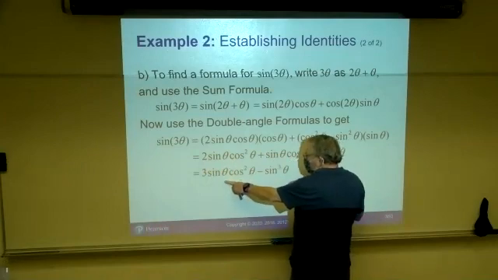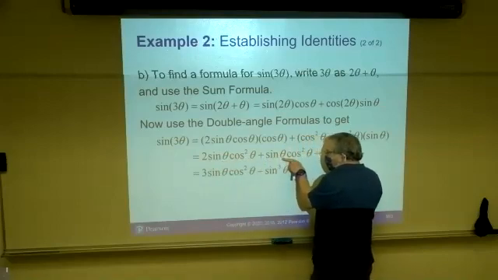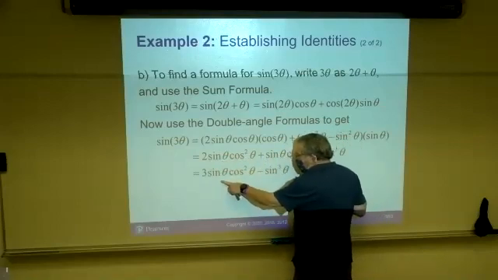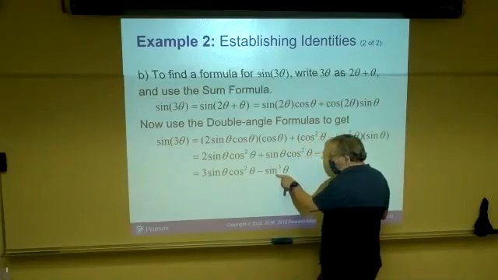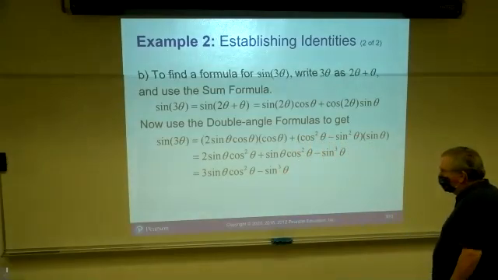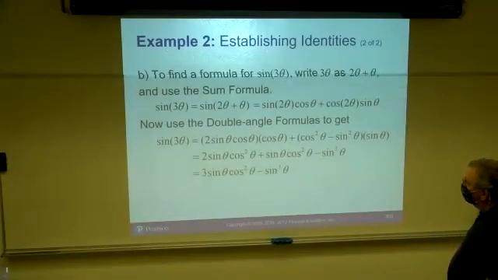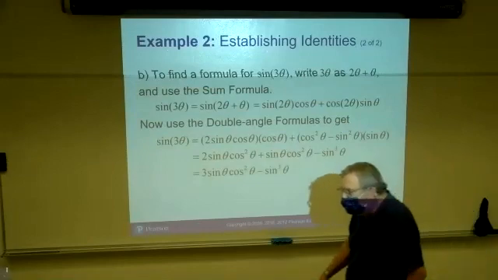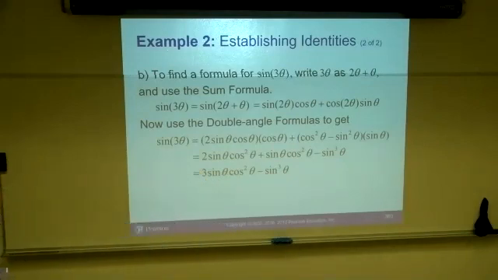So we can write it this way, 3 times, because here I have 2 of them, and here I have 1 of them, so I get 3 sine theta cosine squared theta minus sine cubed theta. So there we have a formula for triple angles, which is not considered a basic trig identity.